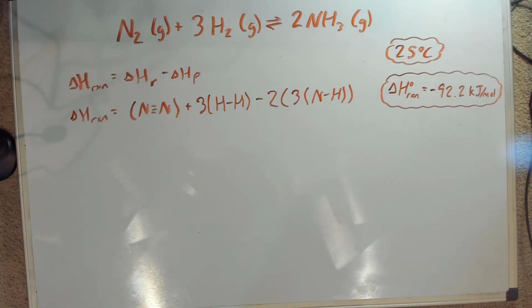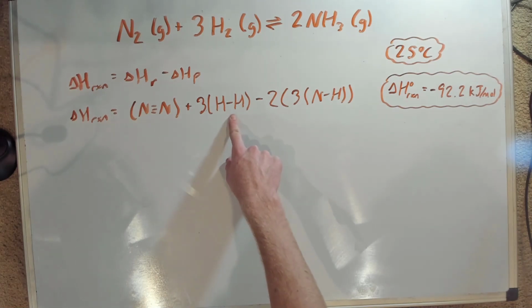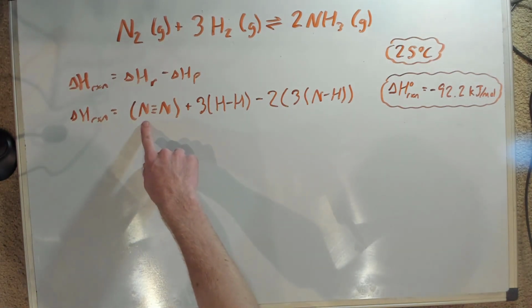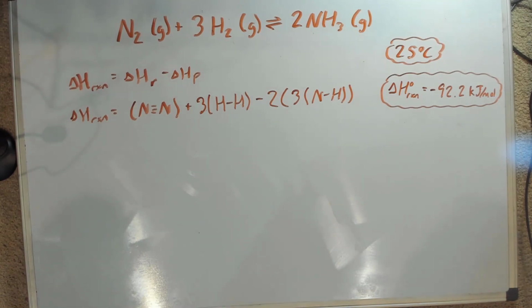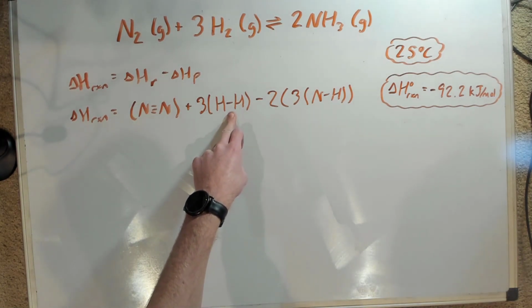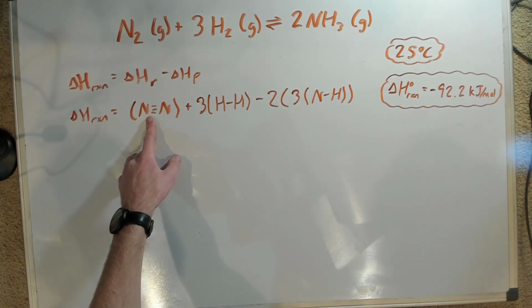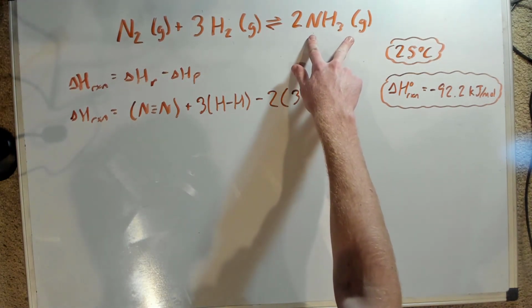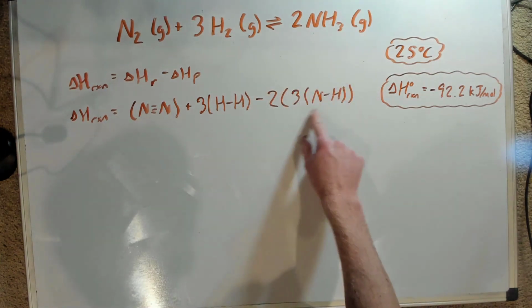Okay, so that's all that means. That's us saying there's 1 times 1 of a triple N, 3 times 1 of single H–H bonds, and 3 total NH3s in one molecule, 2 molecules, so 2 times 3 N–H bonds.